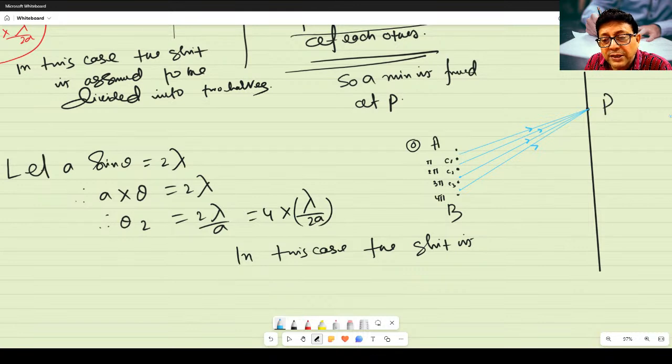So in this case, the slit is assumed to be divided into 4 parts.